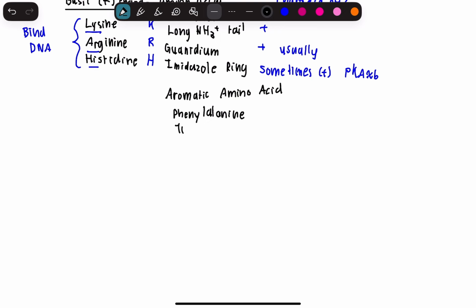We also have tyrosine, and we have tryptophan, and these are letters F, Y, and W. The abbreviations are Phe, Tyr, and Trp.